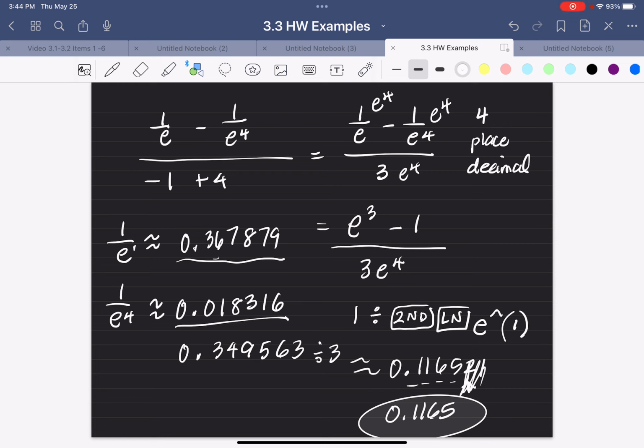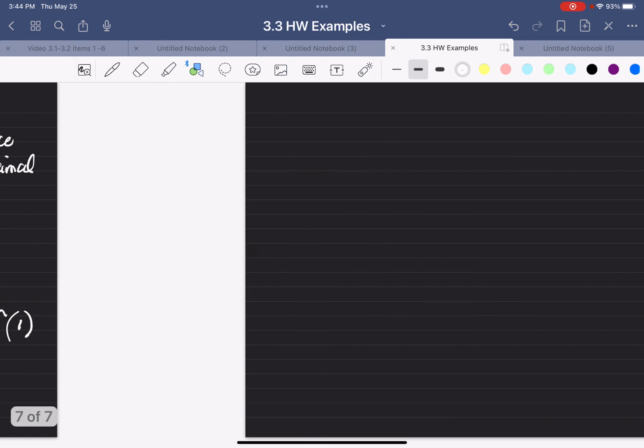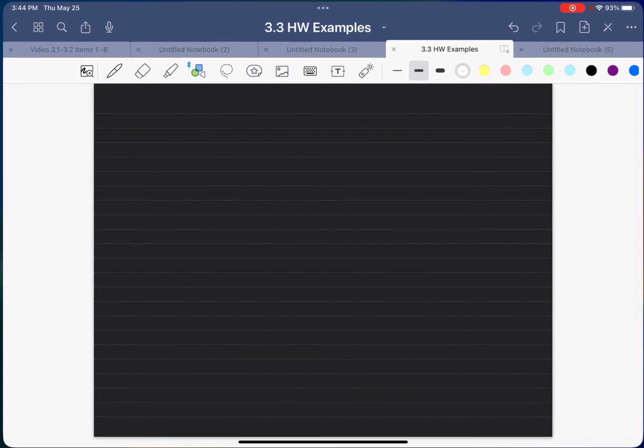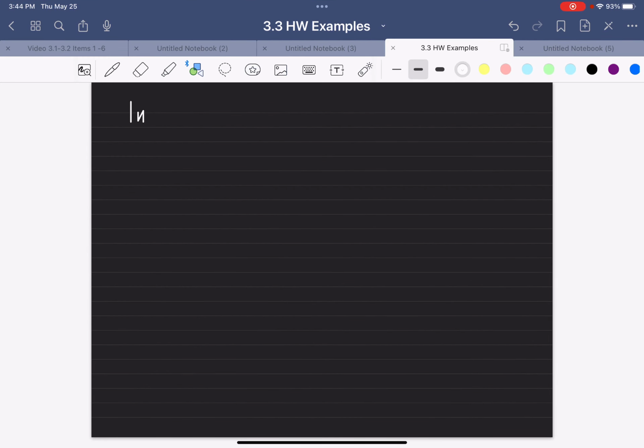All right. Now on the next few problems, they ask us to do instantaneous rate of change, or instantaneous velocity. So we have instantaneous rate of change.